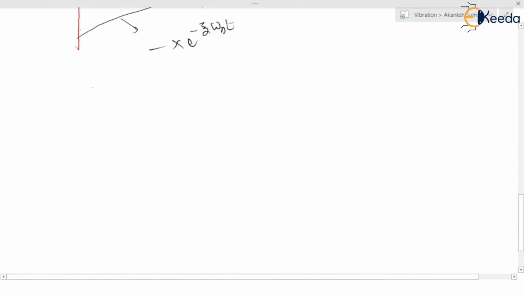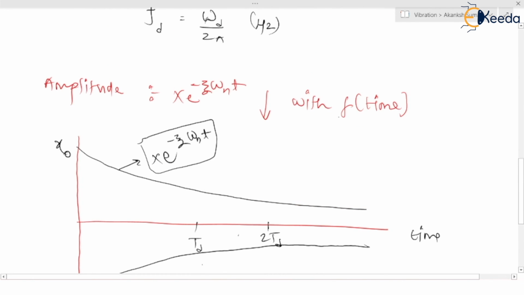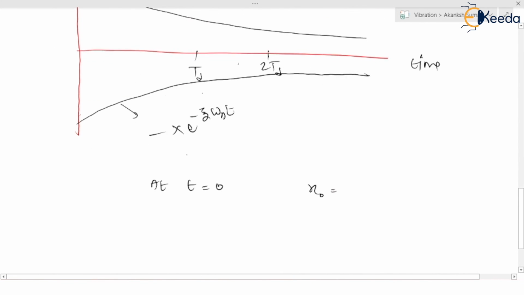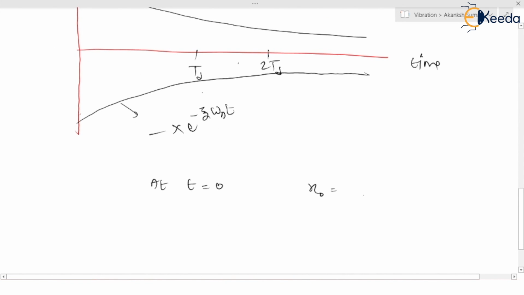So at t equals 0, the amplitude is x naught. When you put the value t equals 0 in this amplitude equation, you will get the value capital X. So x naught will be equal to X sin phi.